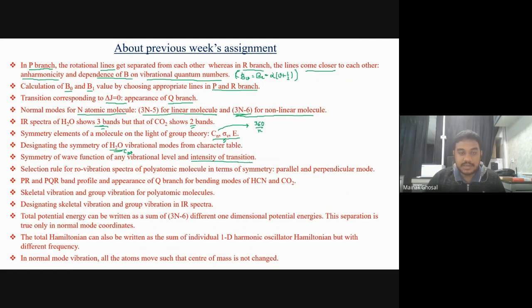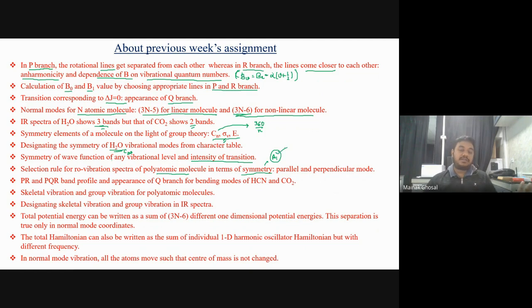We have also discussed the selection rule for rotational vibrational spectroscopy of polyatomic molecules in terms of symmetry. It was shown that a totally symmetric configuration, which is known in group theory as A1, will give you a highly intense line. Otherwise it is allowed only if this is A1.